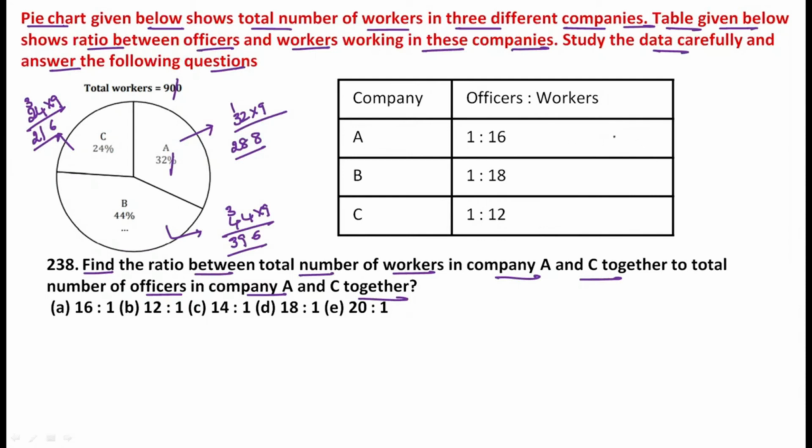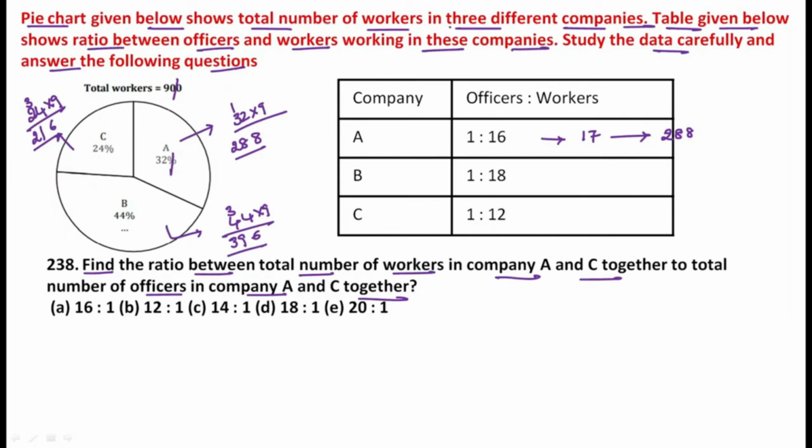Now see, if it is 17 members for the total, one is officer and 16 is workers. But we have 288 members. Now you just identify the total number of multiple units, how many times it cancels exactly. Why?